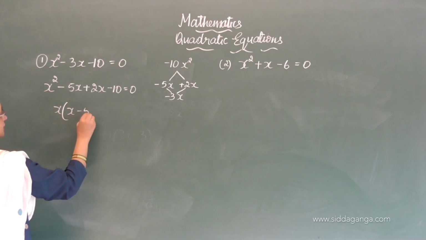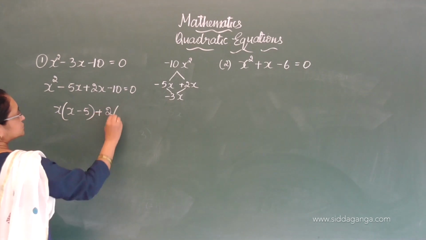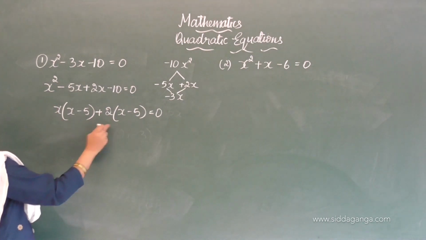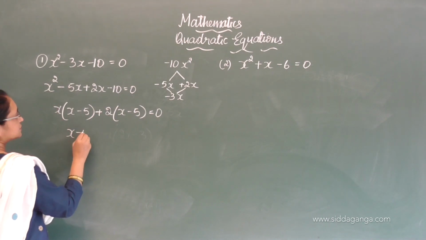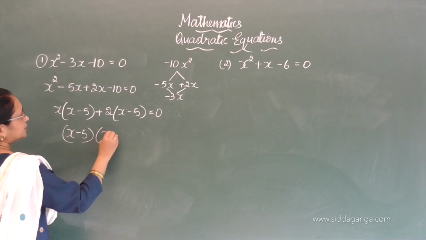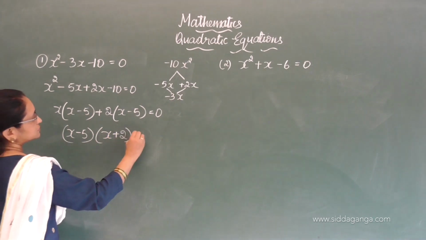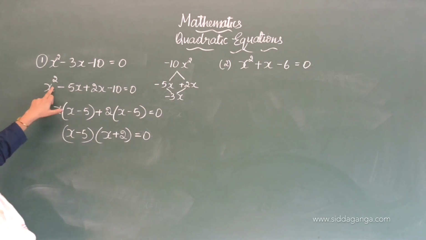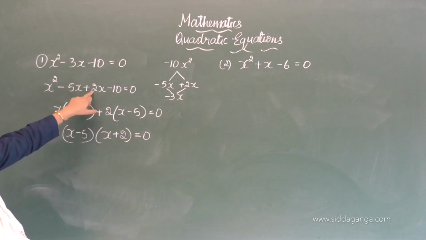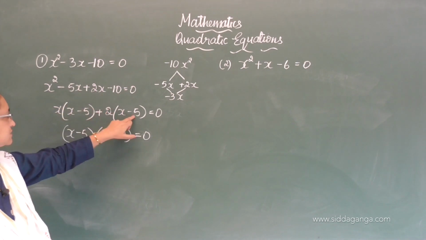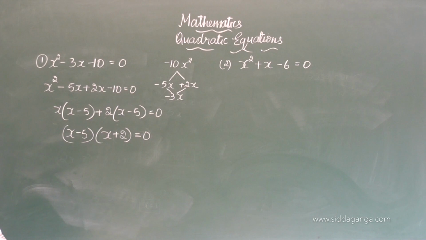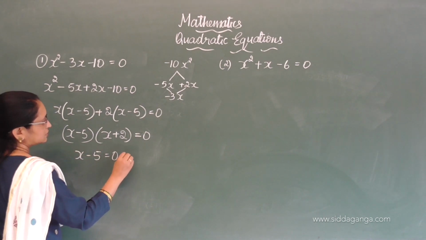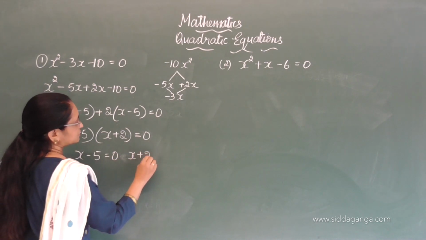So x minus 5 plus 2 is common, x minus 5 is equal to 0. So here x minus 5 is equal to 0 and x plus 2 is equal to 0.